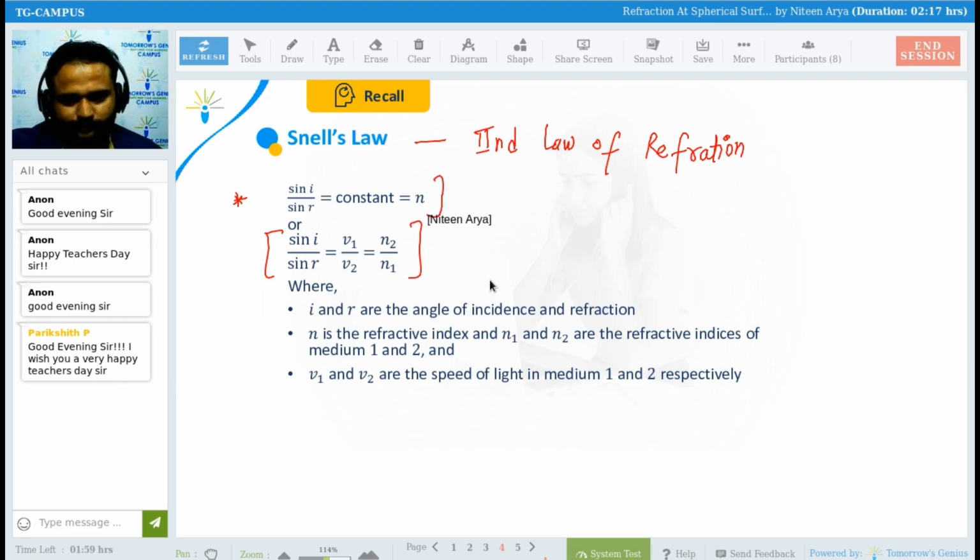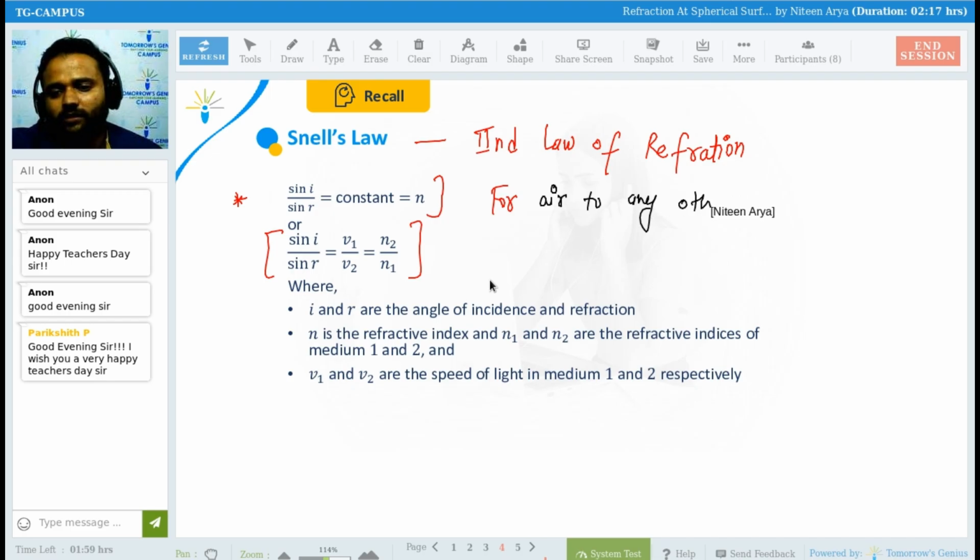It is for air to any other medium, where one medium is going to be air.